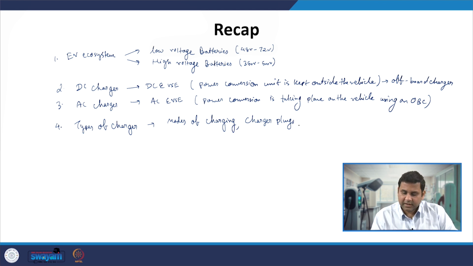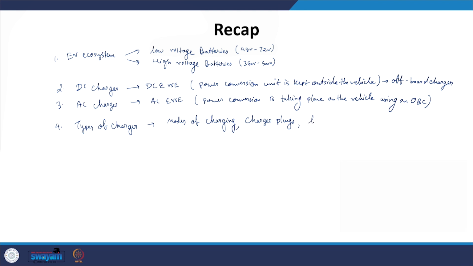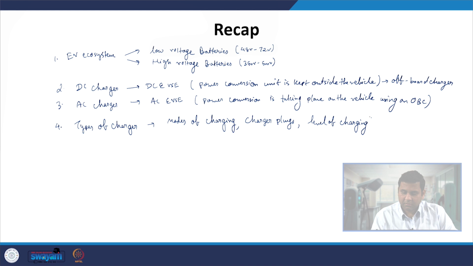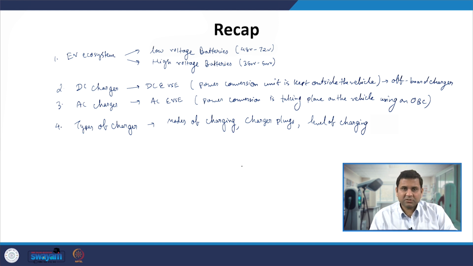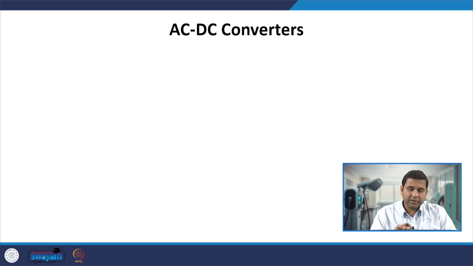And then we have seen different levels of charging as well, briefly. So we understood what all things are available in this EV ecosystem, and also some of the important jargons or terminologies associated with EV charging systems. Now let us move ahead and understand the different aspects of the power conversion unit.